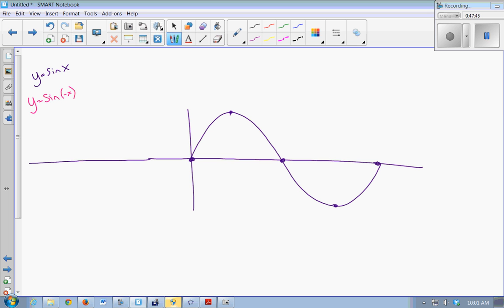So I'm going to extend this. And if I draw the reflection of this about the y-axis, it's going to look like something like that. Just reflect the whole thing about the y-axis. And then if I do, let's say in another color, y equals negative sine x. So that's a reflection about the x-axis, because the negative's on the outside. So that's going to look like this.